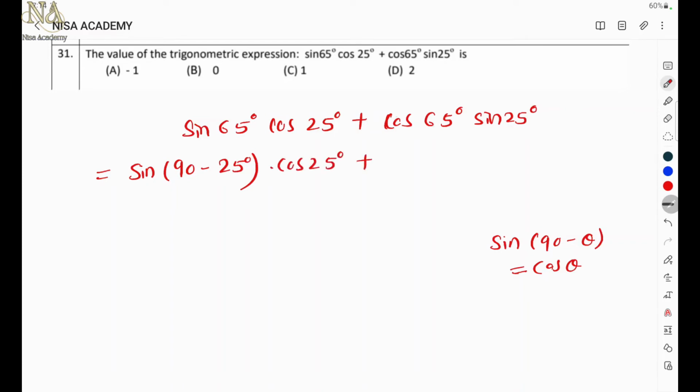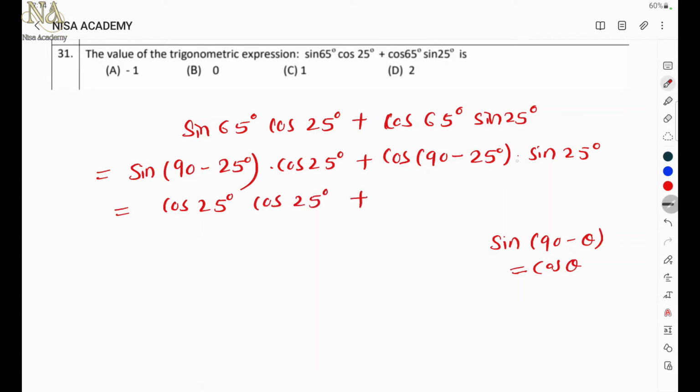Then here again the same. To get 65, what I will subtract from 90? 25. So cos of 90 minus 25 is sine of 25. You can even change the other one; from here you can change cos 25 to sine 25, it's up to you. So sine of 90 minus theta is cos theta, and this is cos 25 as it is.